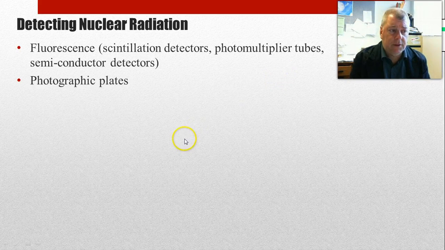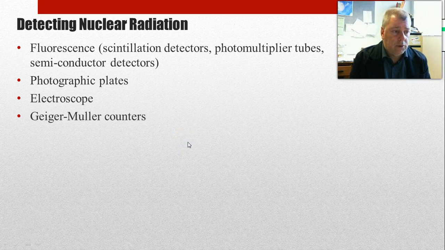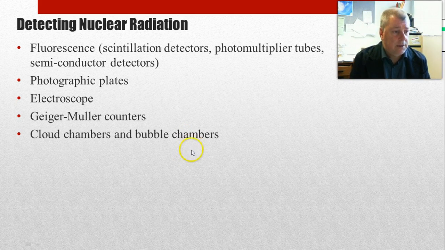Photographic plates have been used for a long time. Electroscope, which we'll look at shortly, Geiger-Müller counters, which hopefully in physical science you got a chance to use as well and learn how they work. Cloud chambers and bubble chambers and spark chambers.